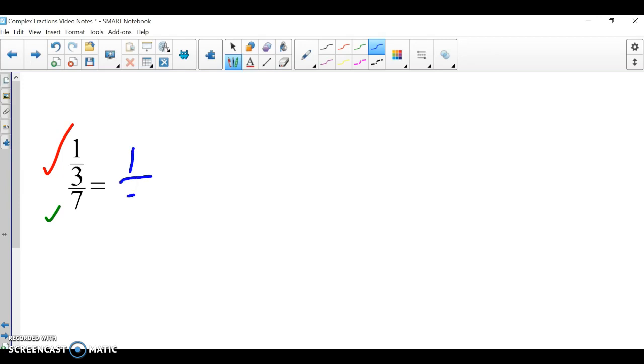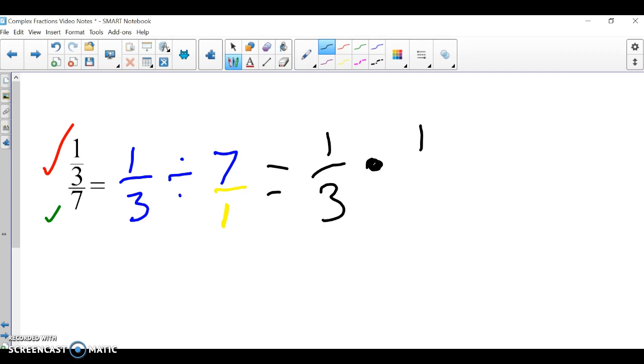We're going to write 1/3 divided by 7. I'm not going to be able to really flip this number unless it looks like a fraction, so let's make 7 into a fraction by writing it as 7/1. Now that I have that, I can keep my first number, change my division to a multiplication sign, and flip my 7/1 upside down.